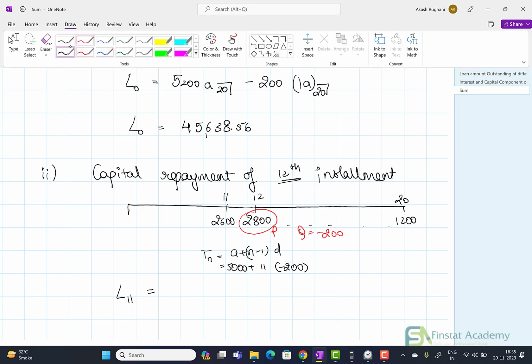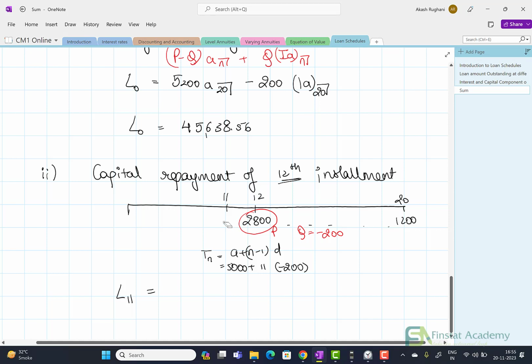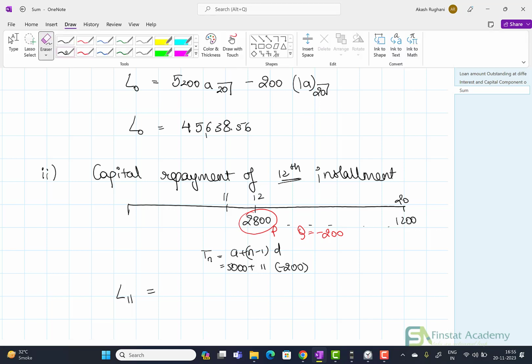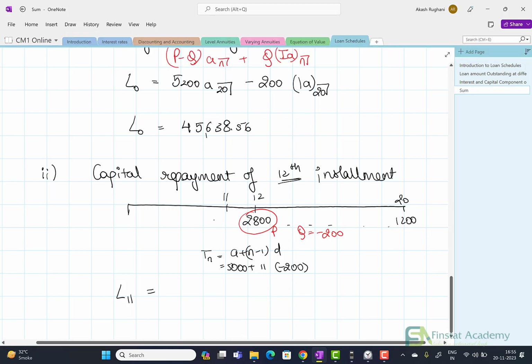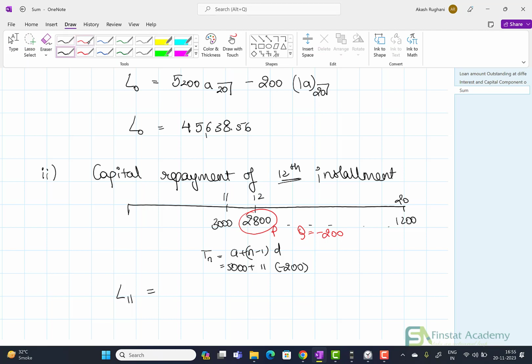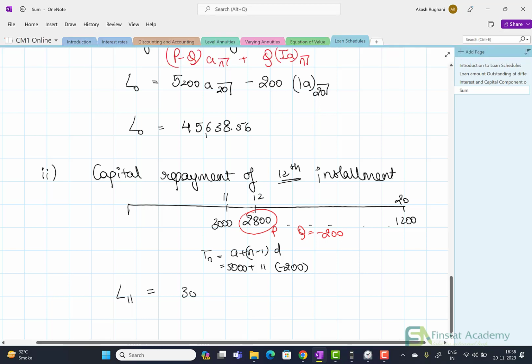The 11th installment will be 200 rupees higher, 3,000, guys. Sorry. Coming back. P is 2,800, Q is negative 200. I again apply the same formula. So 3,000, 9 years are left. So 3,000 A_9 minus 200 (IA)_9.